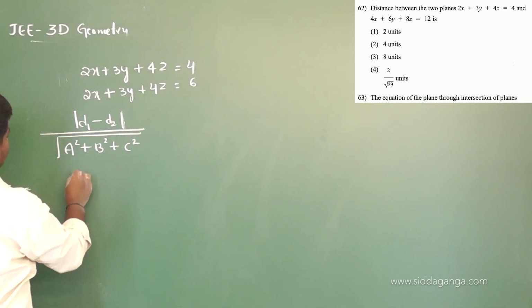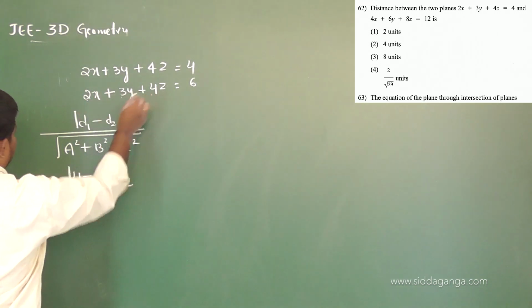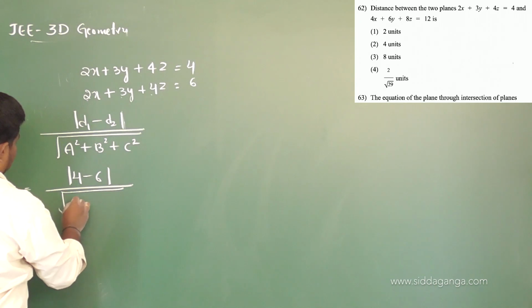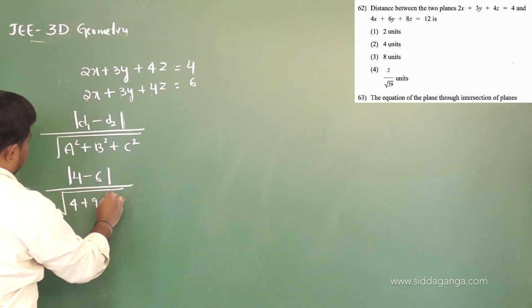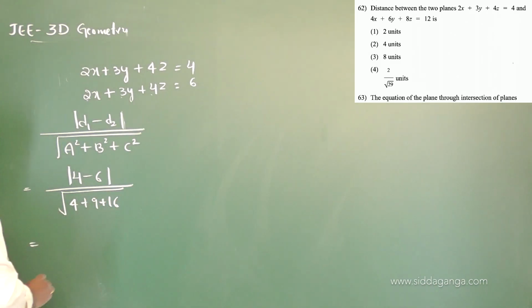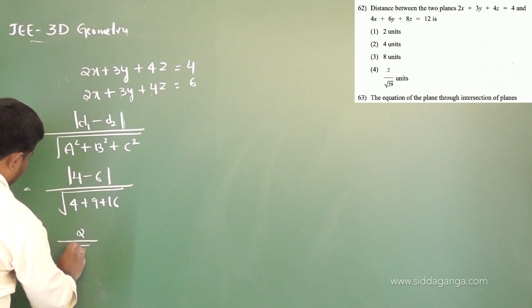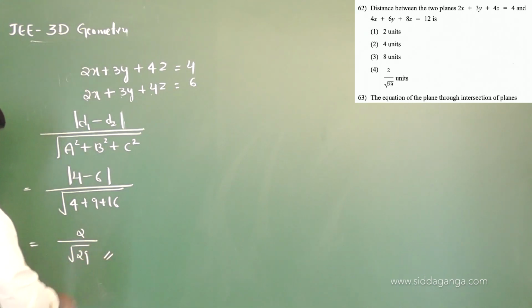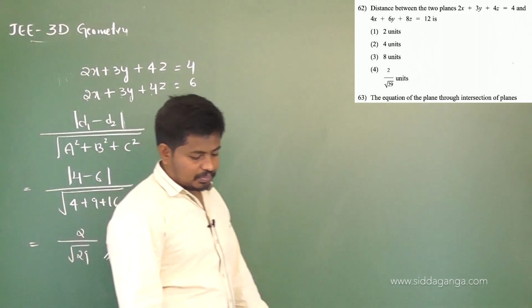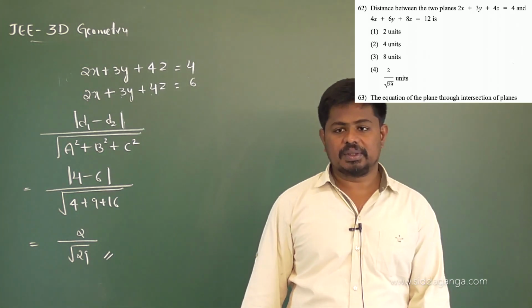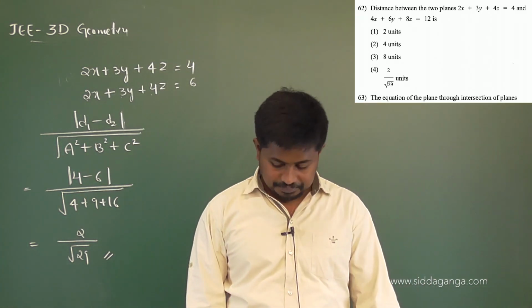Yes, d1 is 4 minus 6 whole divided by root of 2 square plus 3 square plus 4 square. So you get 2 divided by, I mean the magnitude of minus 2 is 2, you get 29, so root 29. 2 by root 29 is the required distance between the given planes. So option 4 is the correct option.